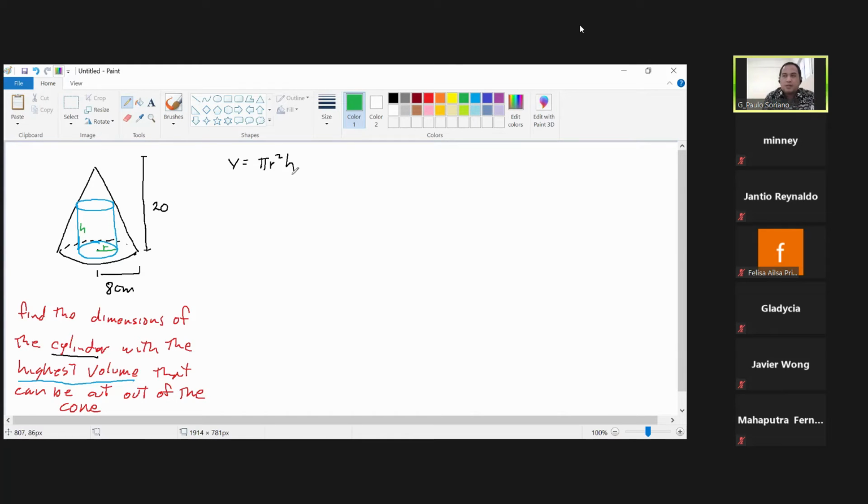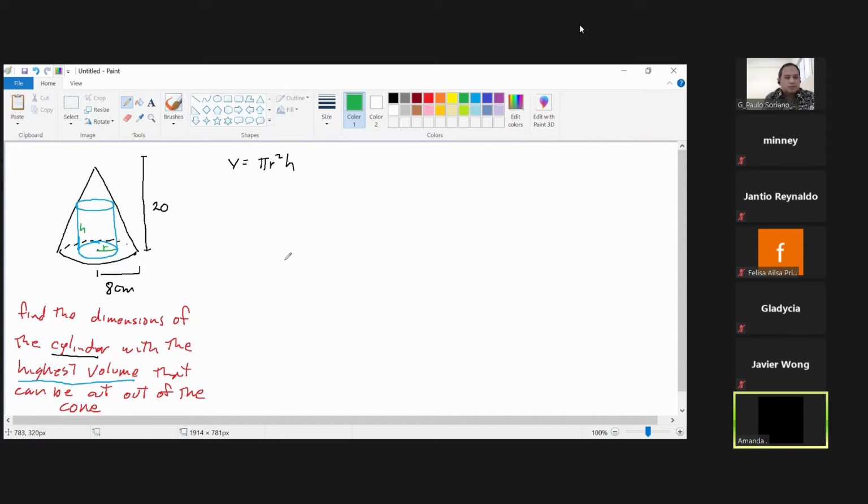There are too many unknowns there. So we need to at least have two unknowns, and then one of these values must be expressed in the form of another. Okay, so what can we do in order for us to at least express height in terms of the radius?